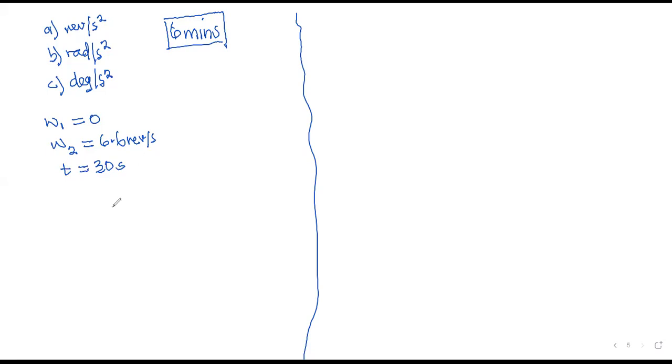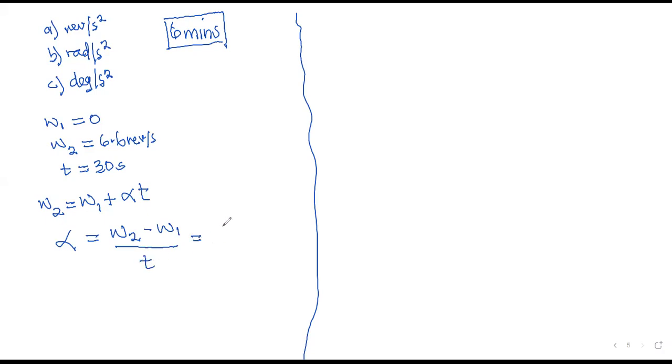So first one, looking at what we have, we'll use the first equation of circular motion. Omega 2 is equal to omega 1 plus alpha t. Therefore, alpha is equal to omega 2 minus omega 1 divided by t.